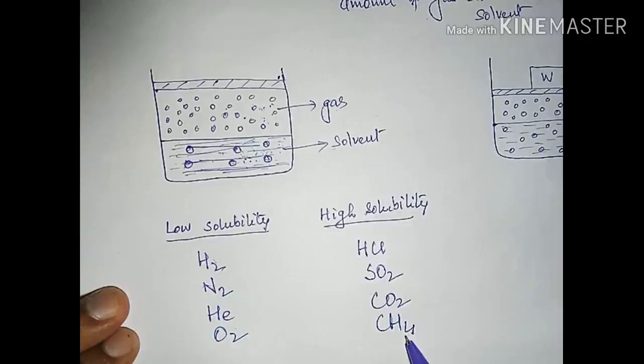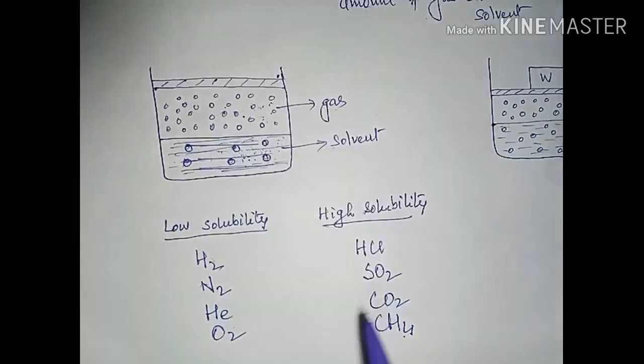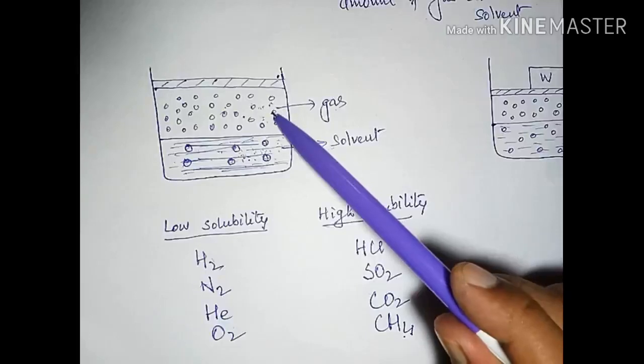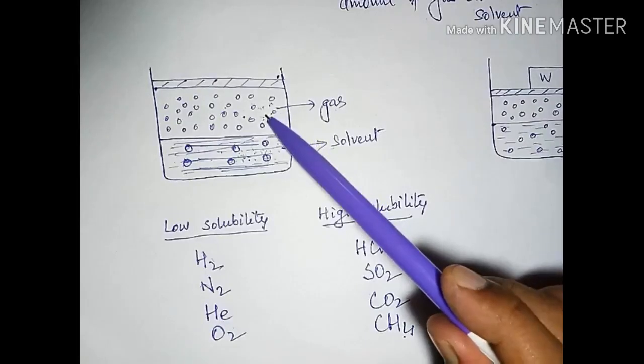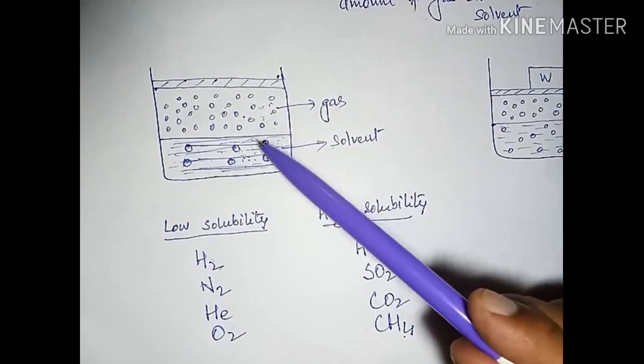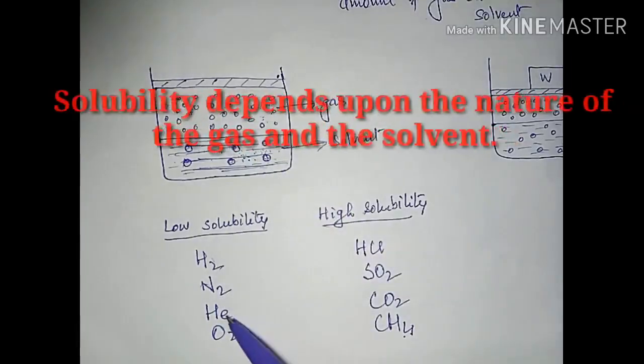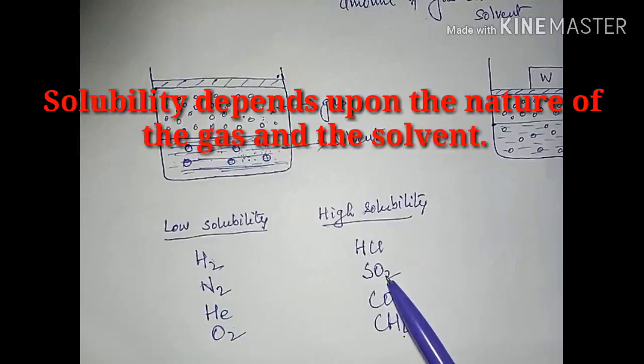So in this video we'll discuss the reason for the difference in their solubility, as well as other factors which affect the solubility of a gas. Partial pressure of the gas is one factor which determines the amount of gas that dissolves. The second factor is the nature of the gas, whether it is polar or non-polar.